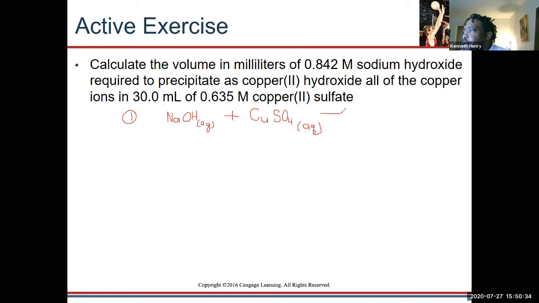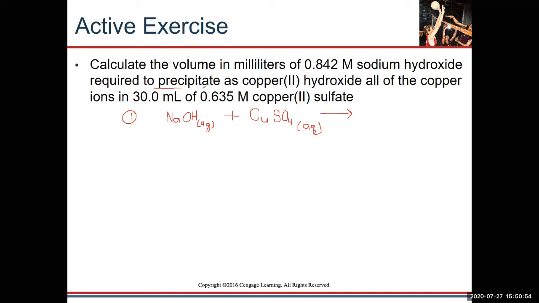Okay. So now we know that this is what type of reaction? A double replacement reaction. So then I know my products are going to be NaSO4 and copper hydroxide.